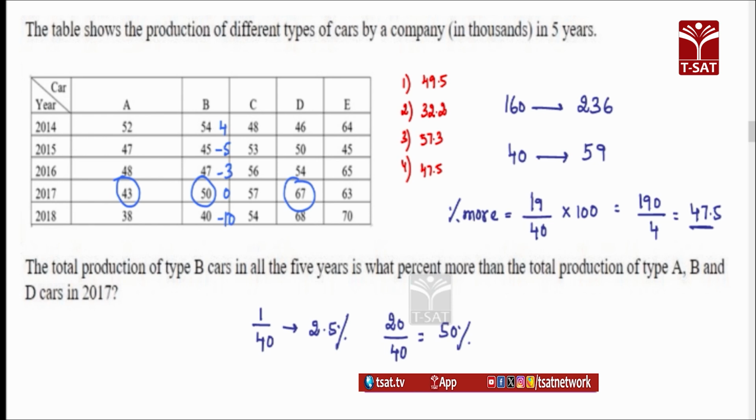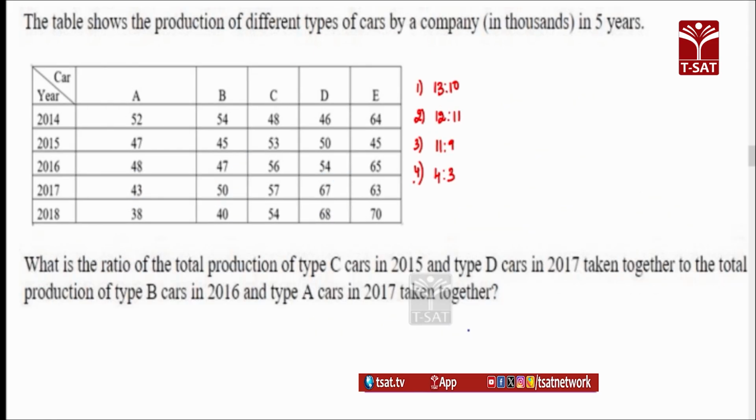So you have to work a little bit more on fractions. How do we convert fraction to percentage, so that in data interpretation it will be easier for you to do it. Look at another question on the same graph. What is the ratio of the total production of type C cards in 2015 and type D cards in 2017 taken together to the total production of type B cards in 2016 and type A cards in 2017 taken together?